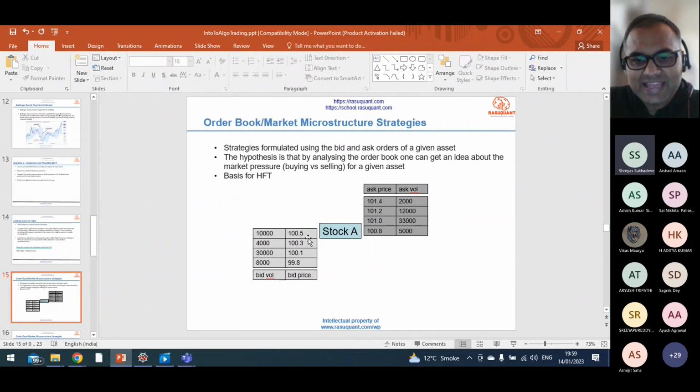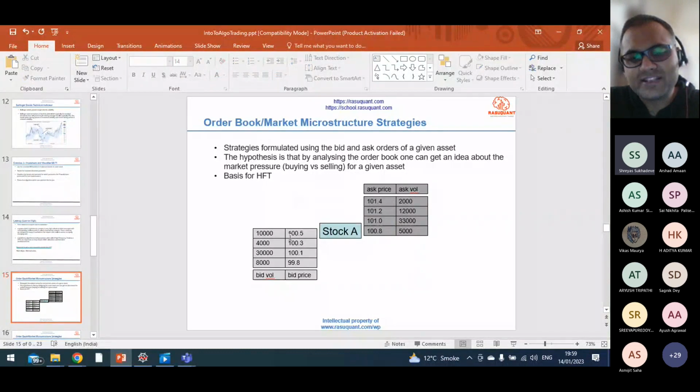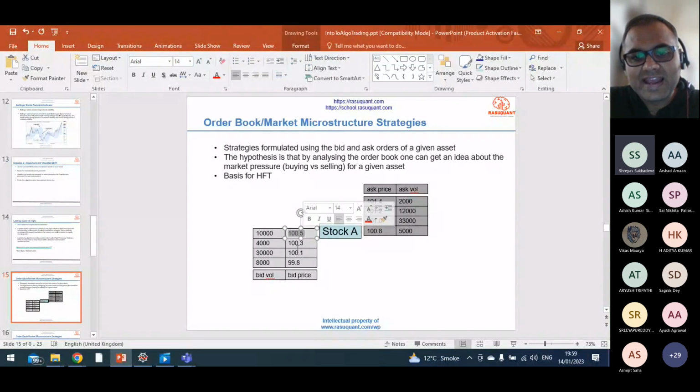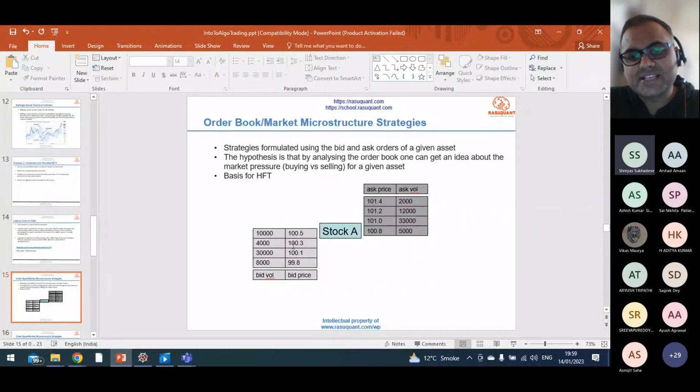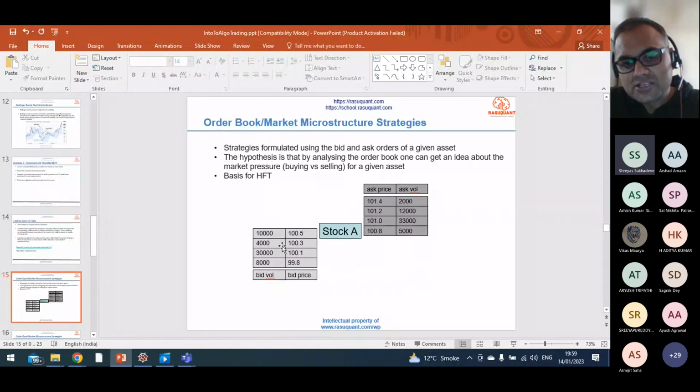So let's say I have placed an order for 10,000 stocks for Infosys at 100.5, or any stock. The price is 100.5, and I've placed an order to buy 10,000 stocks. Then Akshat has placed an order at $100.3, and he wants to buy 4,000 stocks, right? So likewise, you have all these people who are interested in buying the stocks.